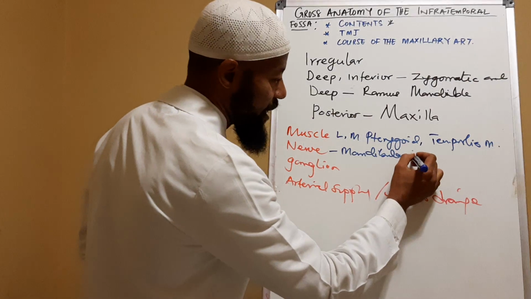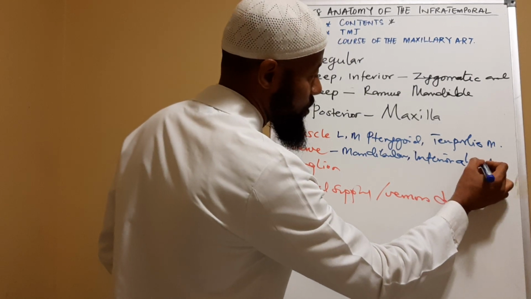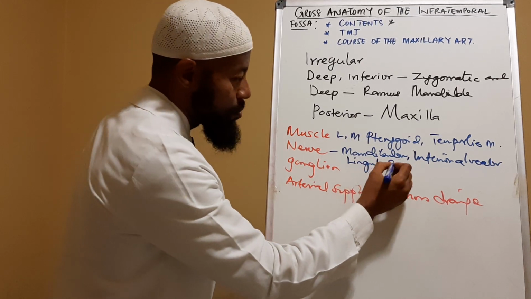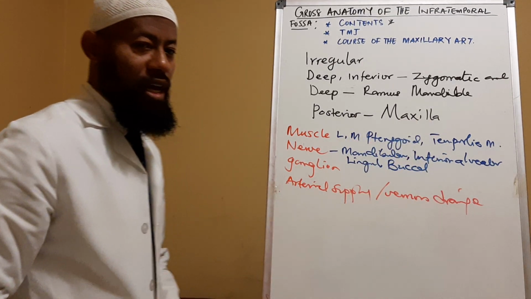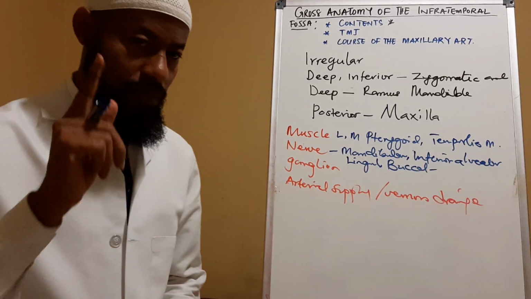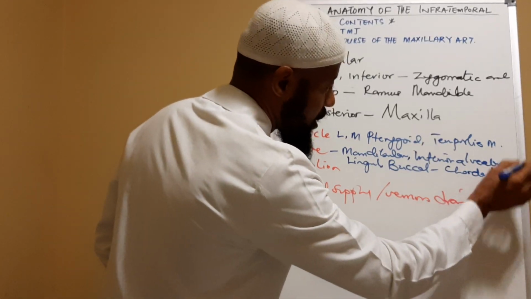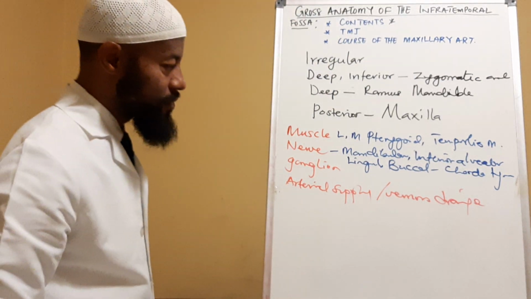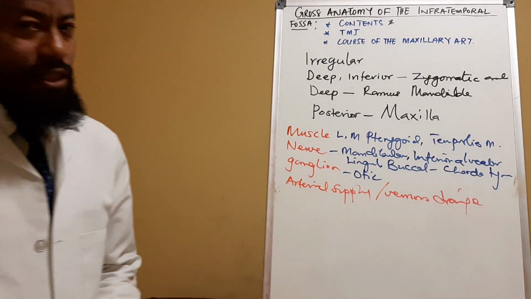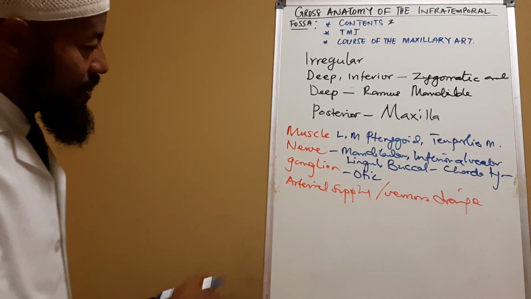We also have the inferior alveolar nerve, the lingual nerve, the buccal nerve, and a branch of the facial nerve, the chorda tympani nerve. How about the ganglion? We have the otic ganglion there, which brings the glossopharyngeal nerve fibers that synapse in that ganglion.